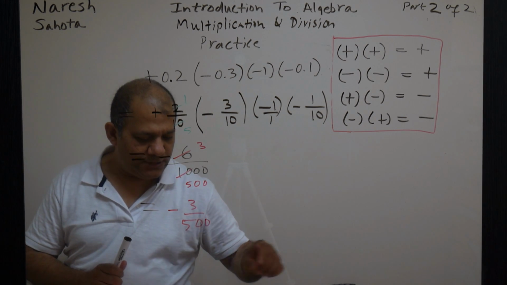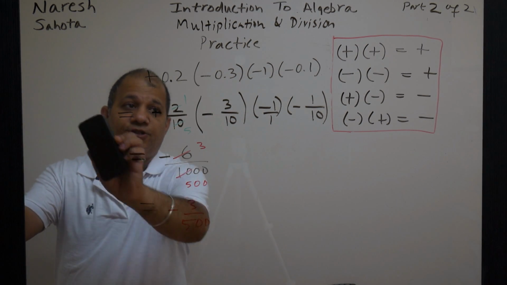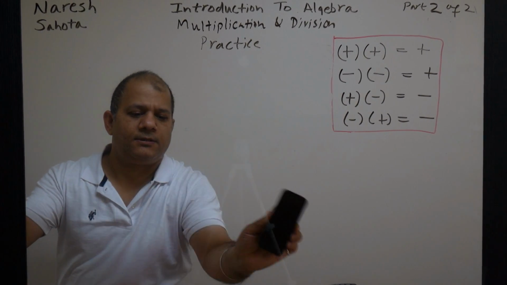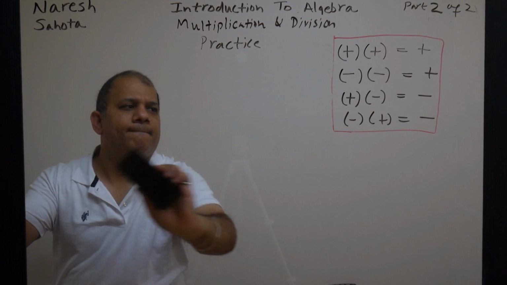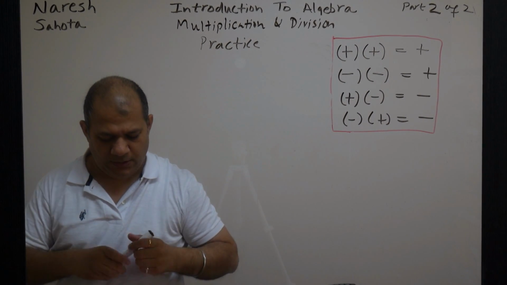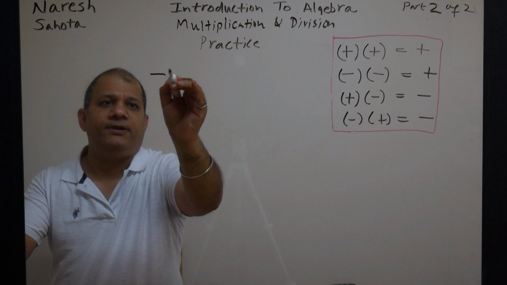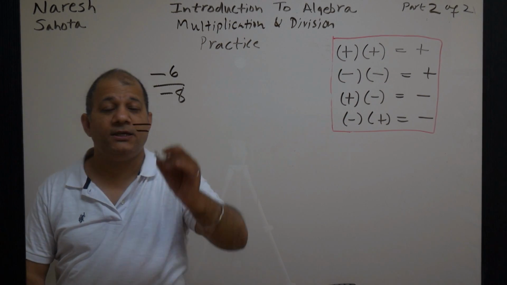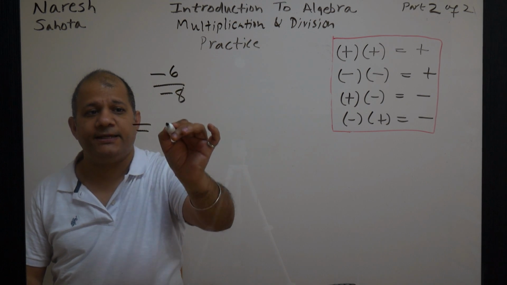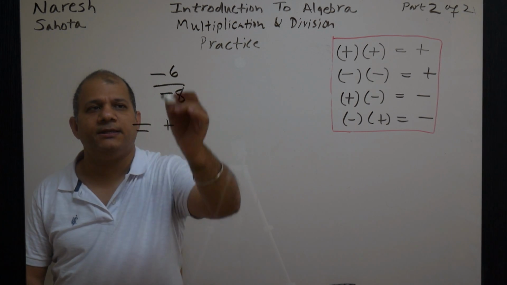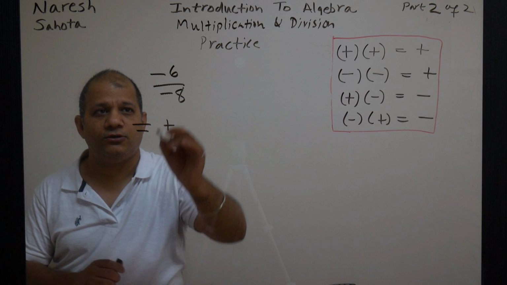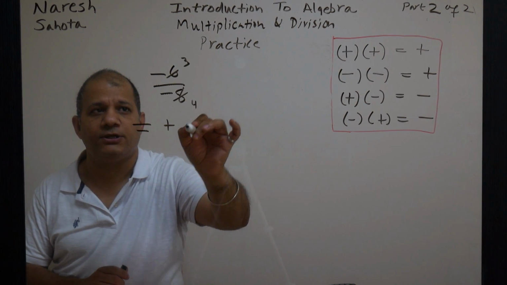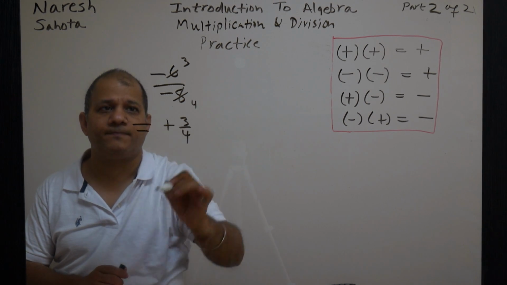All right, so now let's do some practice with division. Okay, so if we have negative 6 divided by negative 8, again negative divided by negative is going to be positive, and 6 over 8 we can reduce. 2 goes into 6 3 times, and 2 goes into 8 4 times, so it's 3 over 4.